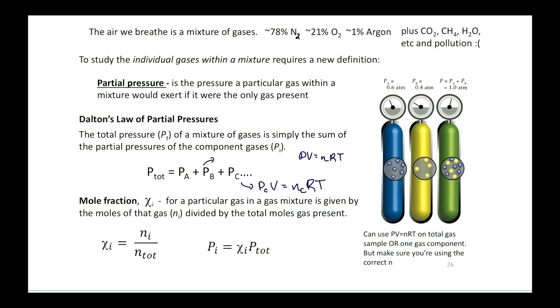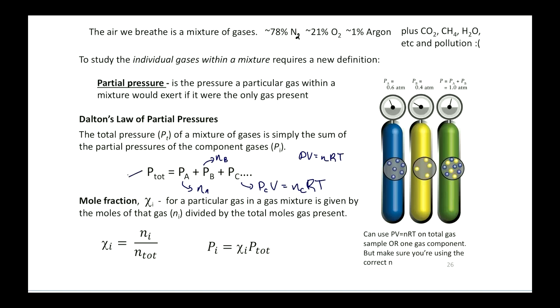If we wanted to calculate the partial pressure of B, we would use the mole amount of B particles that we have. If we wanted to calculate the partial pressure of A, we would use the mole amount of A particles that we have. So we can PIV-NERT each and every one of those components.